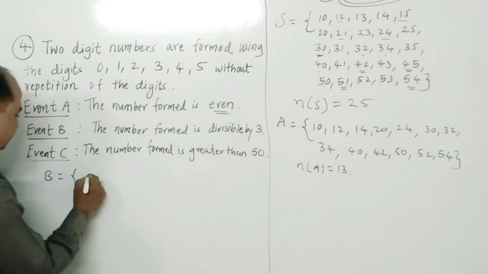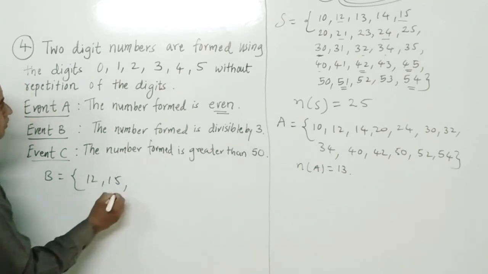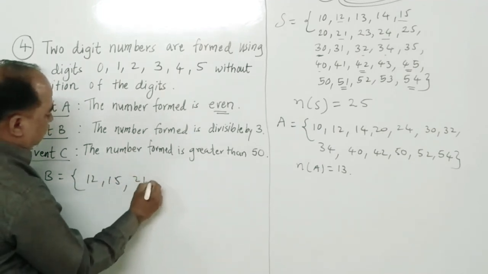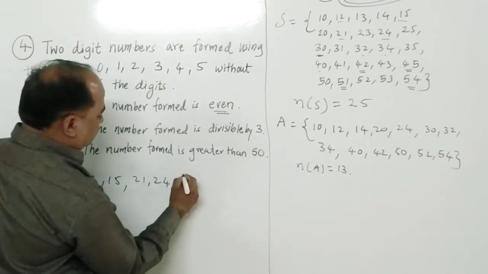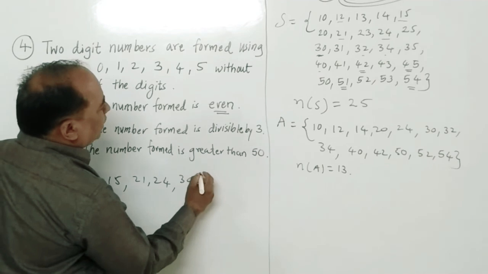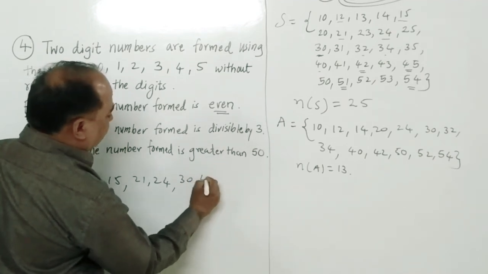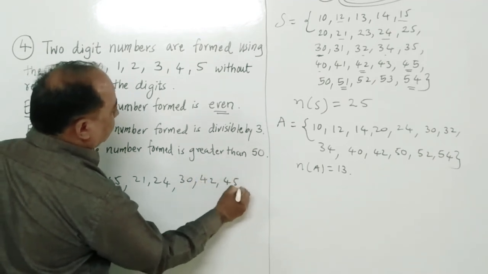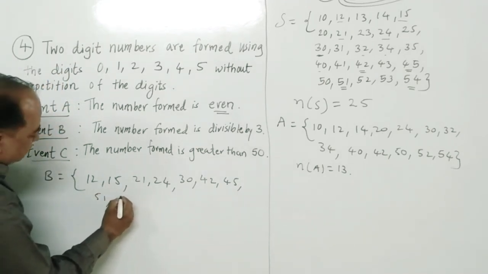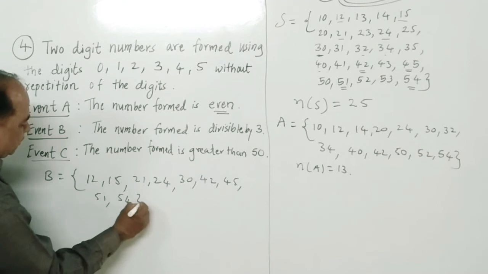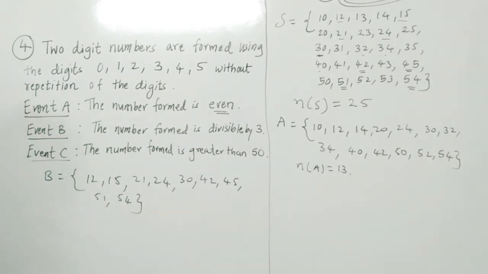So 12, 15, 21, 24, 30, 42, 45, 51 and last is 54. These numbers are divisible by 3.